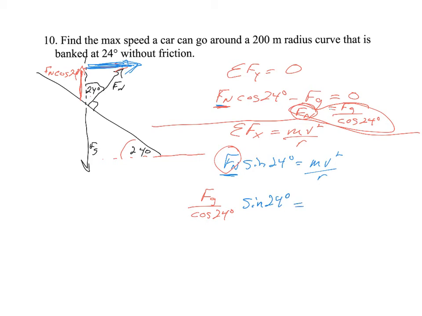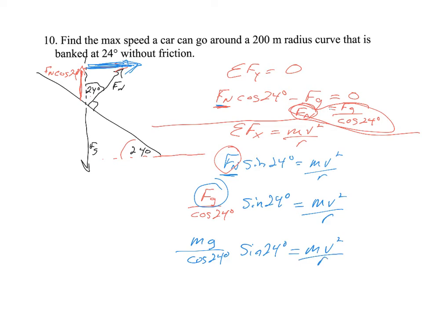And that equals mv squared over r. We know force gravity right here is secret physics code for mg over cosine of 24 degrees. Don't forget the sine of 24 degrees equals mv squared over r.